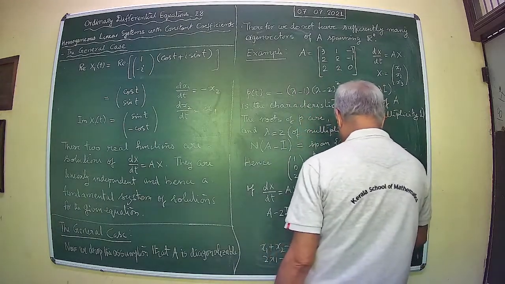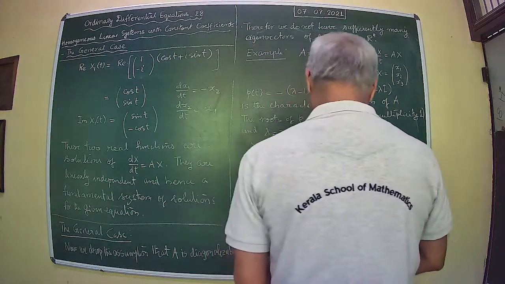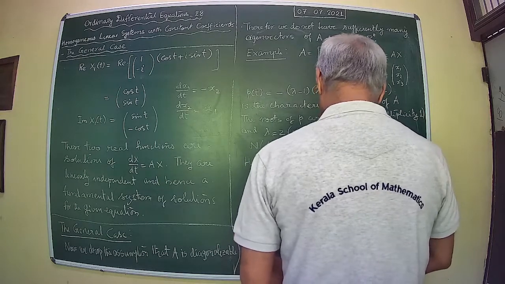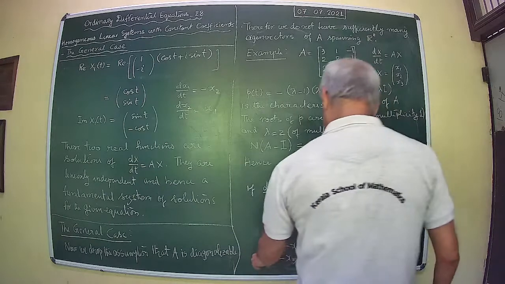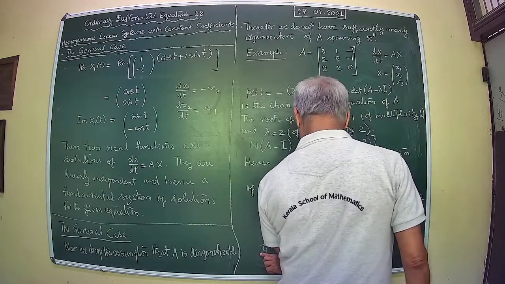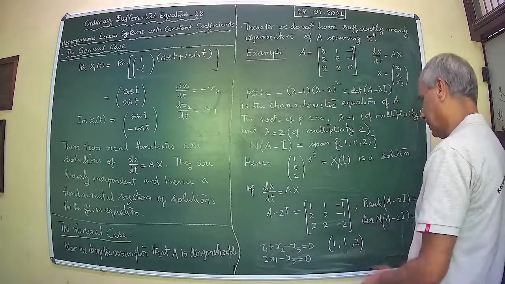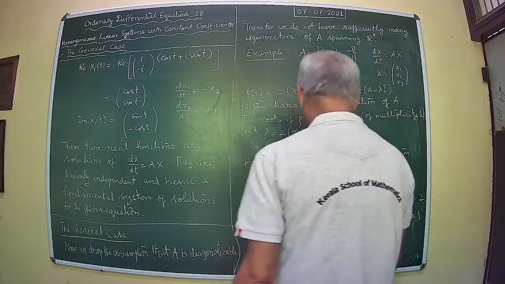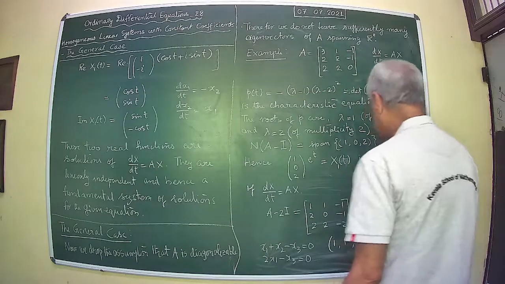So let me fill this in correctly. 1, minus 2, so x2 equal to 2. Now it is right. So this satisfies this one, and this also satisfies this. So this is a vector.